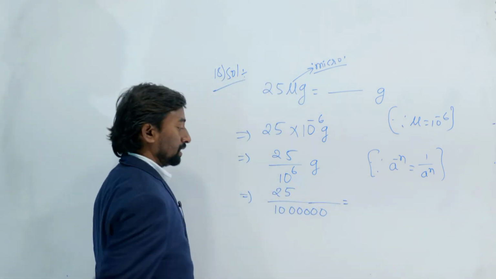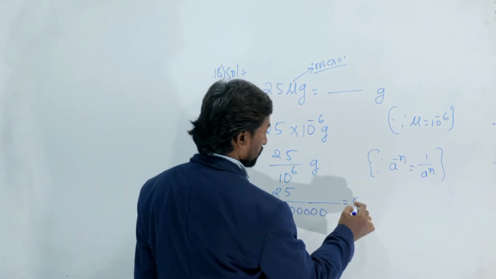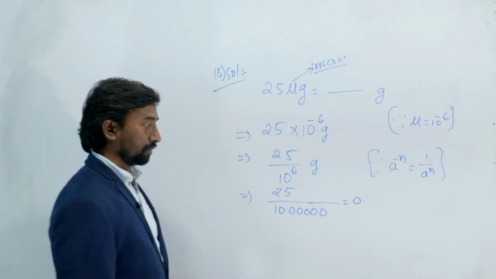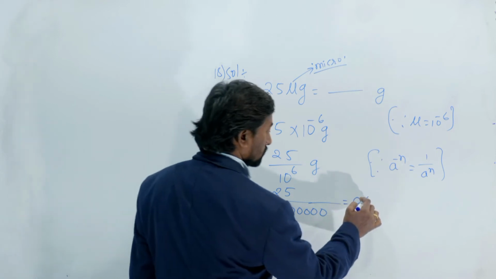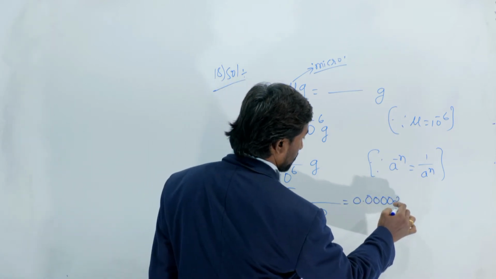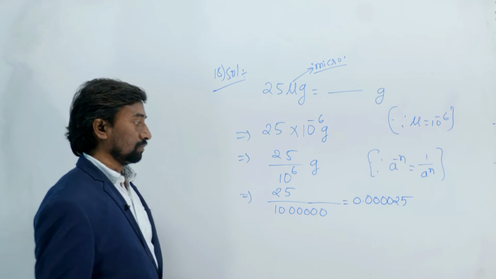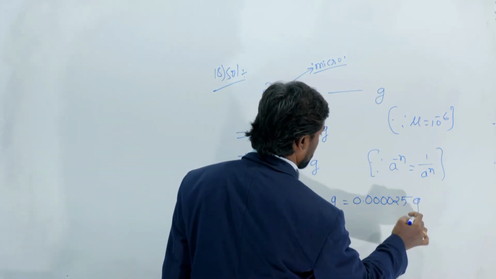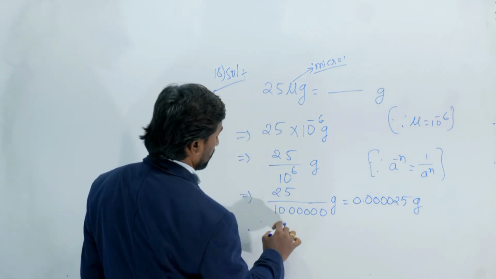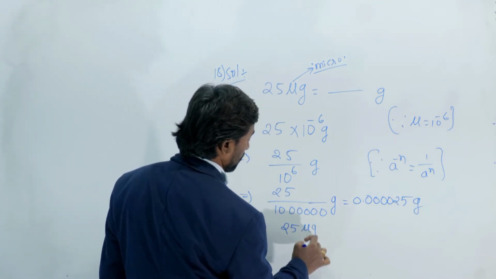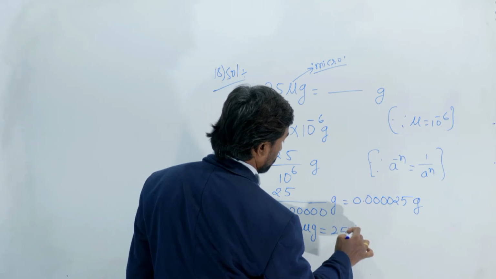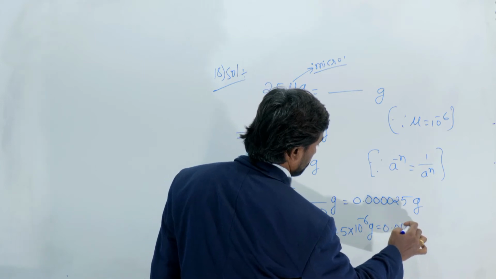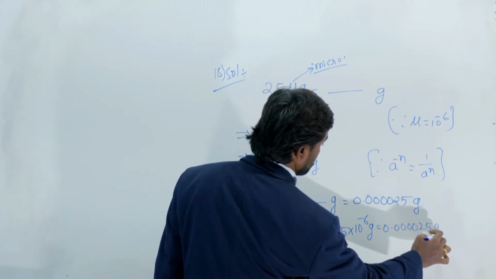In terms of decimal points, how can you write it? We should put 1 in the denominator, then 4 zeros, and this is 25. So this is in grams. Therefore, 25 microgram is equal to 25 into 10 to the power of minus 6 gram, that is equal to 0.00025 grams.